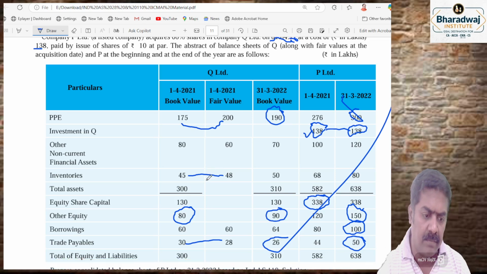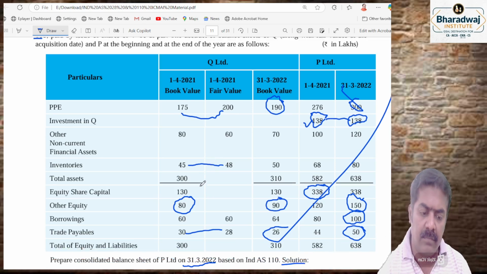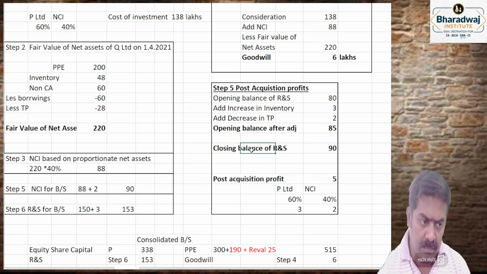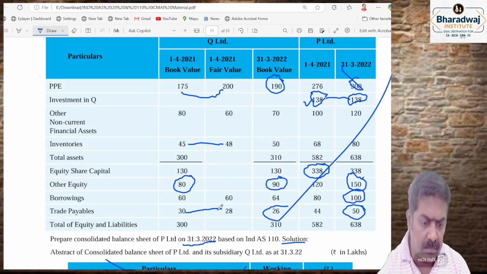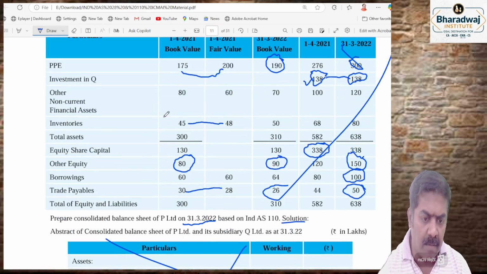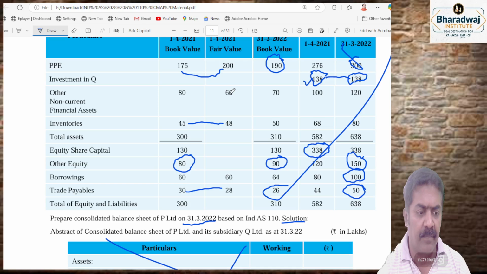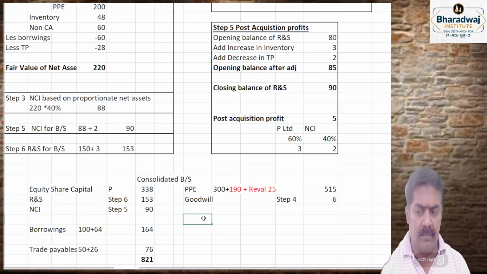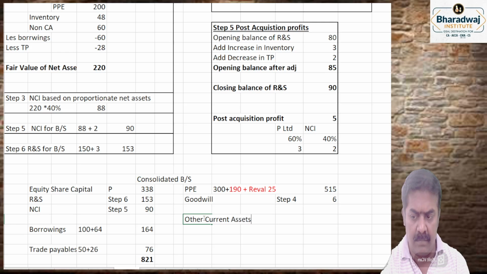Next. What is the next one? What is the next one? Non-current financial assets will not come there. Other current assets. 120 plus 70. How much?